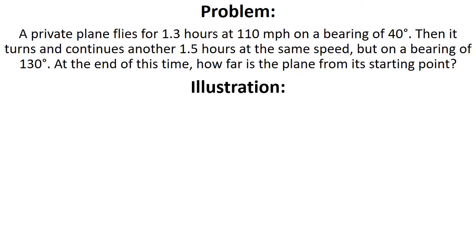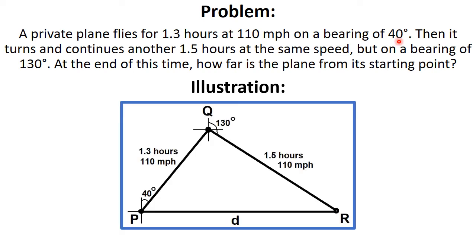Illustration. A private plane flies for 1.3 hours at 110 miles per hour on a bearing of 40 degrees. We create a point and label it as P for plane. You can use any variable or letter you would like to use.